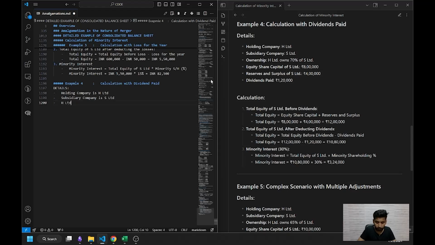H Limited owns 70% of S Limited. Equity share capital of S Limited is rupees 8 lakhs.